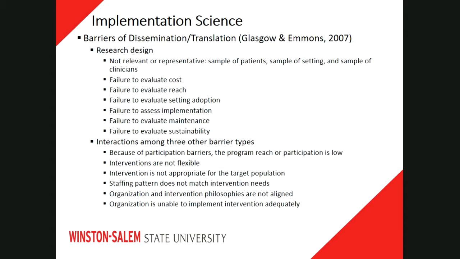So consider those elements of research design. You may not understand research design, but there are some components that you want to make sure you address and that there's some understanding. And when you think about the type of barrier types and the interactions, what can happen? You have interventions that are not flexible, the program reach or participation becomes low. The intervention may not be appropriate for the target population. Staffing pattern doesn't match the intervention needs.